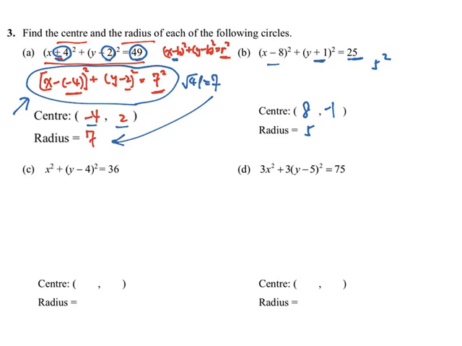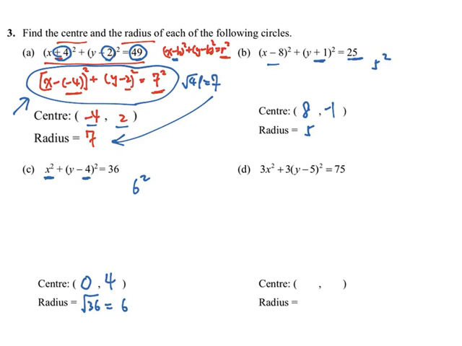And part C, you see x squared, that means the x coordinate is 0. And then this is negative 4, so it's positive 4. For the radius, it is root 36, so it is 6, because 6 squared is 36.